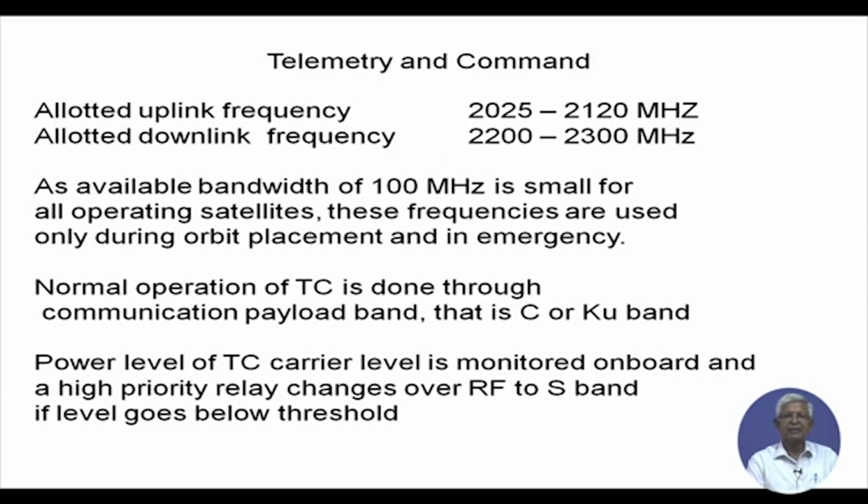So if the power level of the telecommand or telemetry carriers in the communication band is reduced below a certain threshold, that is, if the power level of the TC carrier is monitored and is below the threshold, then the transmitter and receiver will be switched over to the emergency band listed above, that is in S band. This is generally done by most of the receivers.